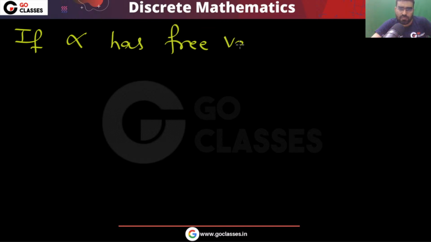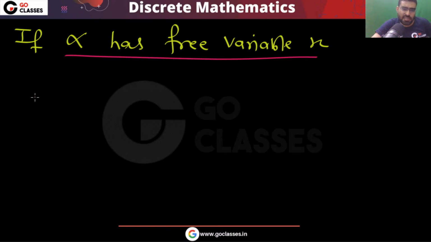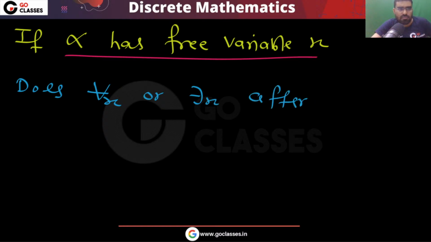Let me ask a simple question: if alpha has free variable x, then does for all x or there exists x affect alpha? Tell me.